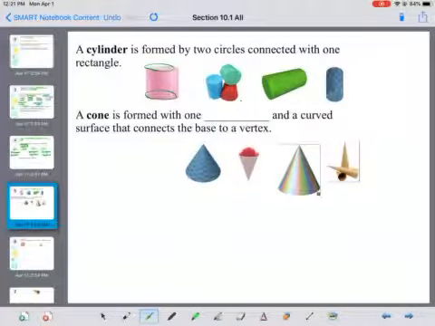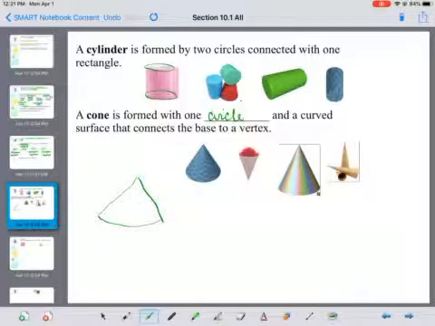Now a cone is formed with one circle and a curved surface that looks kind of like a triangle with a curve. So the curved surface kind of looks like this a little bit, that connects to a vertex.